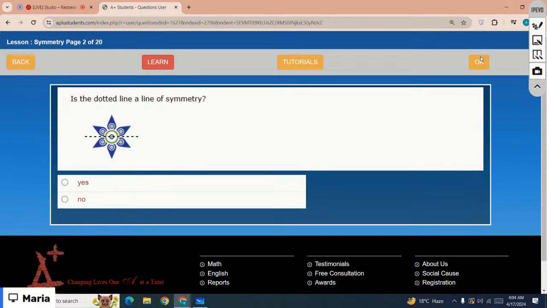Is the dotted line a line of symmetry? Which is the correct option? The correct option is yes. If you fold them along the dotted line, the two portions match up, right? The correct option is yes.